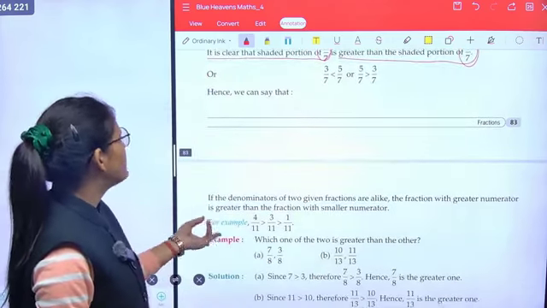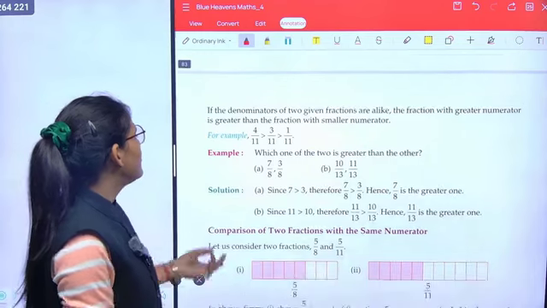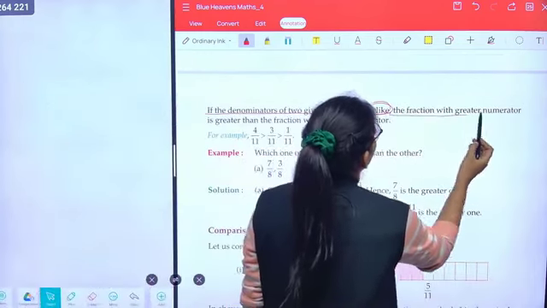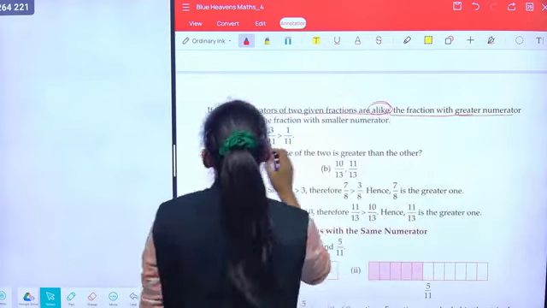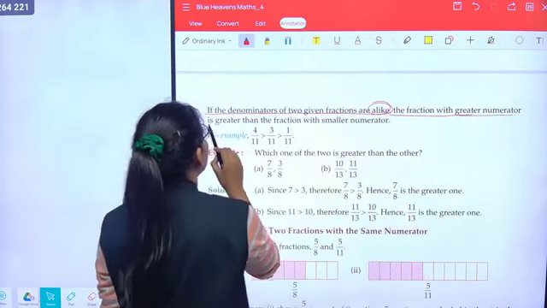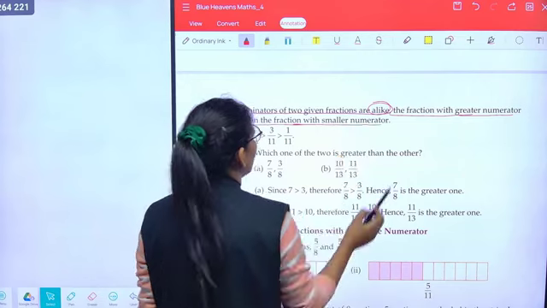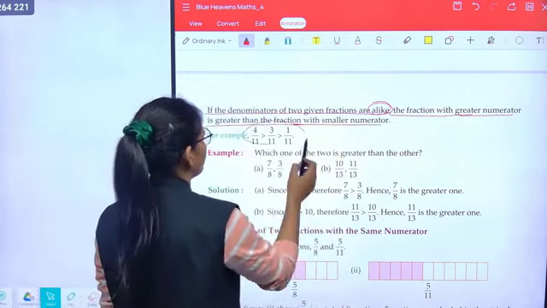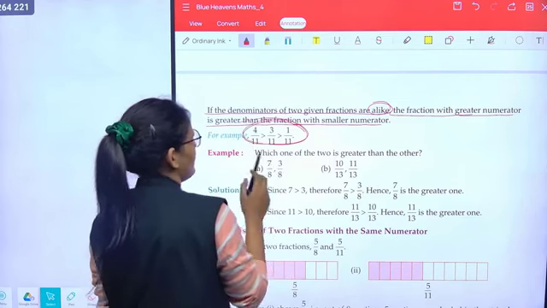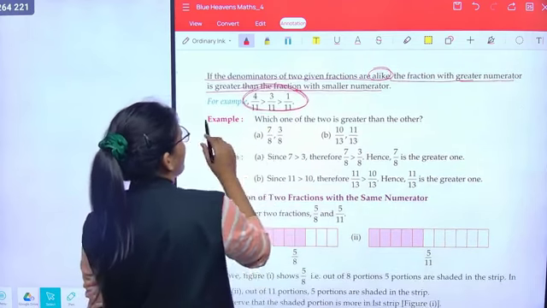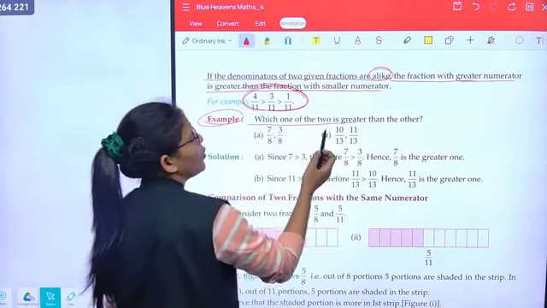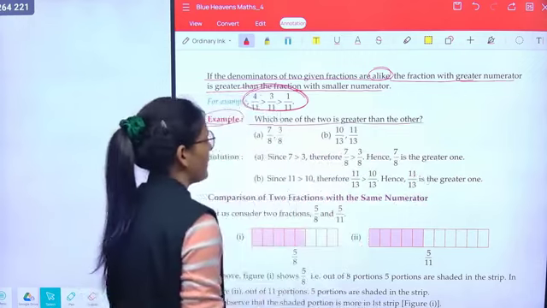Hence we can say that if the denominators of two given fractions are alike, the fraction with greater numerator is greater than the fraction with smaller numerator. See, for example, this. Example, which one of the two is greater than the other?